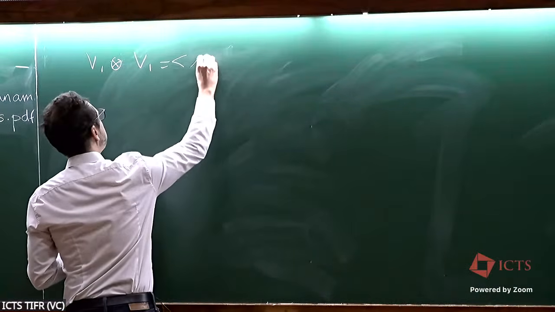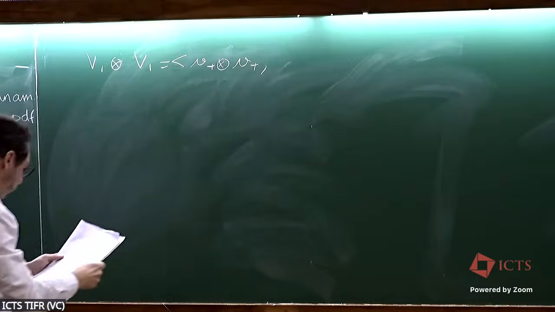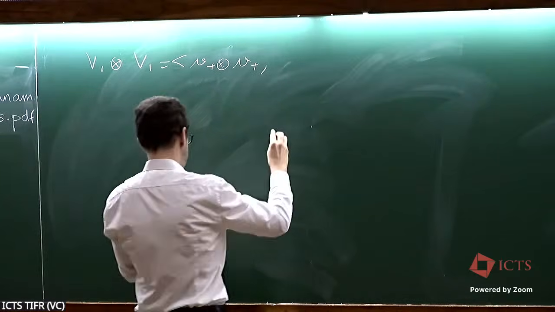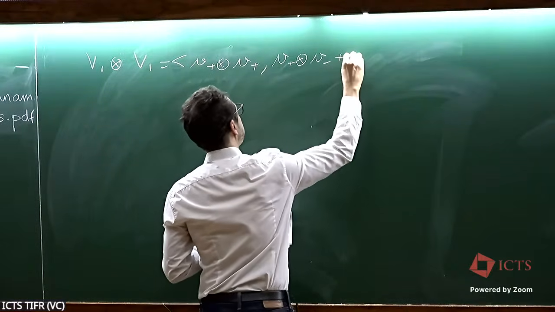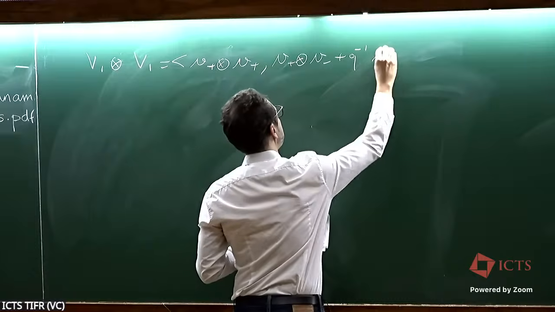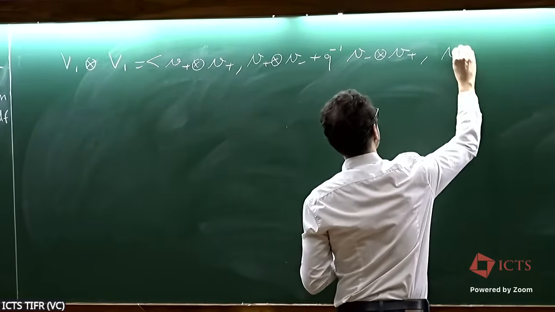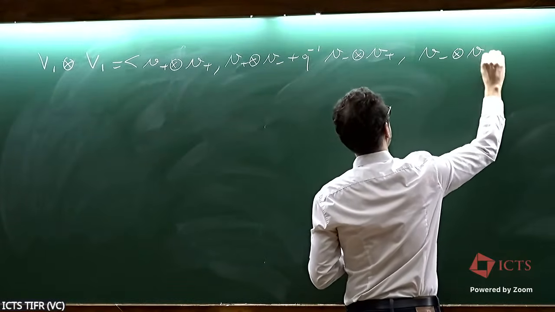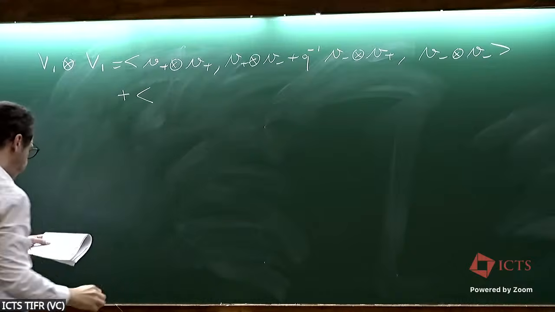You have v plus tensor v plus, and then if you look at the next vector, you get v plus tensor v minus plus q^-1 v minus tensor v plus, plus a one-dimensional subspace.